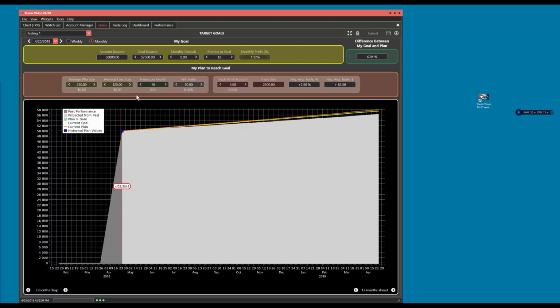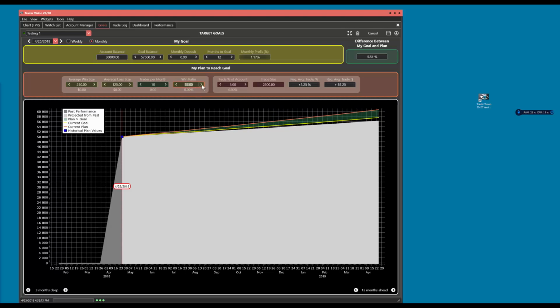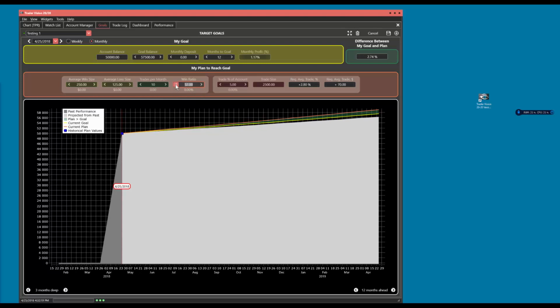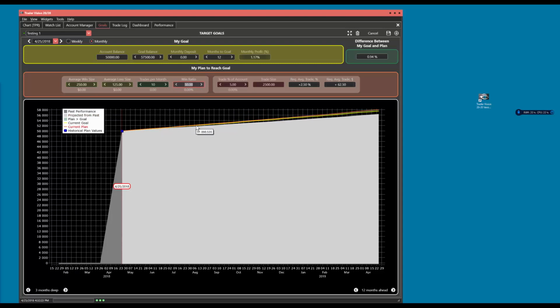After you've worked with the tool for a while, you'll have some history off of which you can base it: well, I've been winning 55% of my trades, so I can jack this up to 55, and if I want to push myself, I can try to jack it up a couple more percent or something of that nature. That will allow you to continue to improve your goals and your performance and kind of spiral upwards.